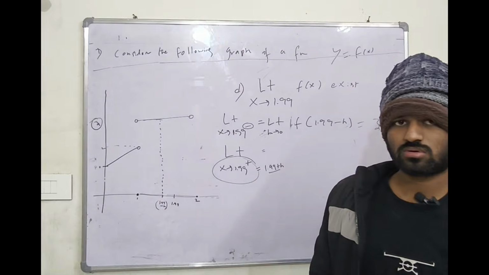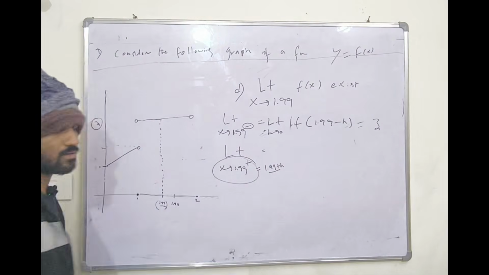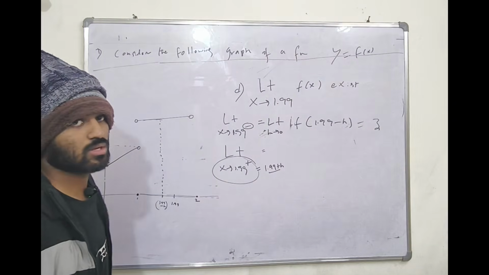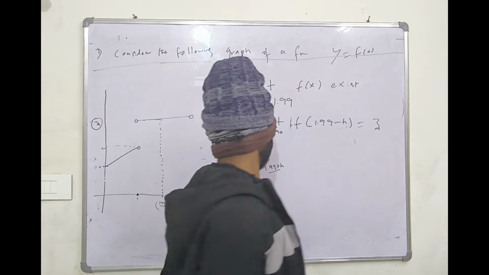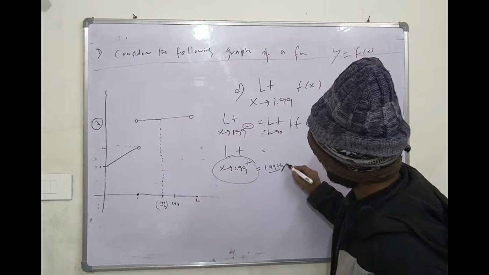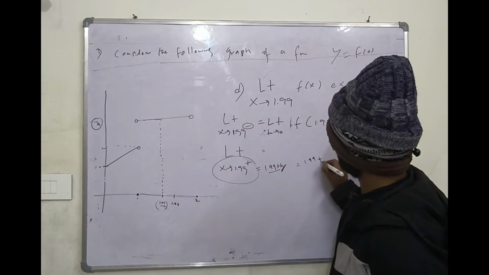Since h is positive, can we say 1.99 plus h is 2? No, you can't say. Why? Because I said already h is infinitely small. 10 power minus 80, let's take an example. 10 power minus 80.